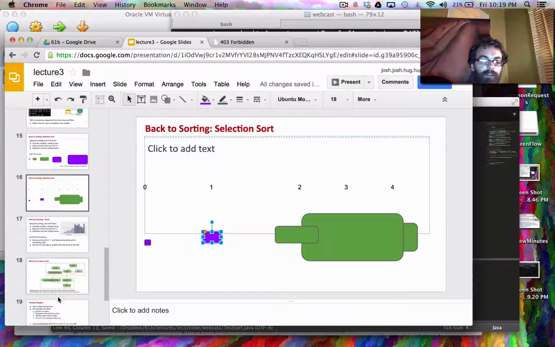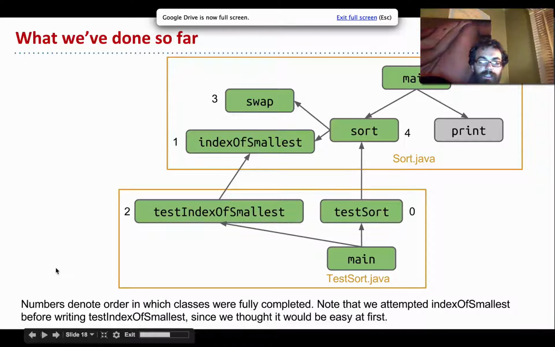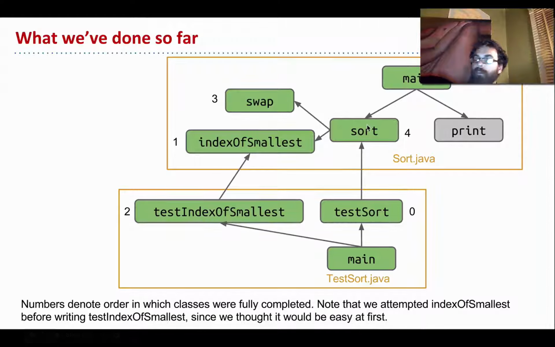So going back to our slides, what we did here is we finished off an implementation of sort. We feel pretty good that it works because it passed our very rigorous single sort test where potato is our God becomes God is our potato.